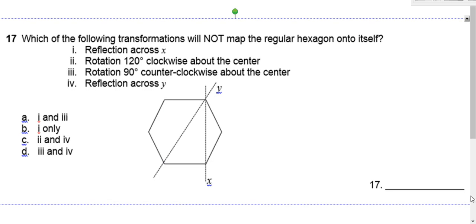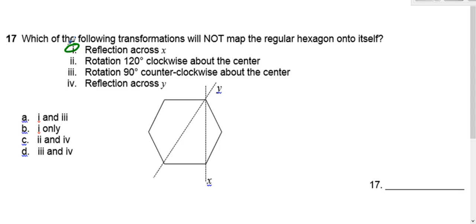Which of the following will not map the regular hexagon onto itself? Reflecting over X will not map, so that is true, it will not map it. Rotating 120 degrees, to figure out how many degrees, you would look at all the vertices. There's 6. You take 360 divided by 6 is 60.